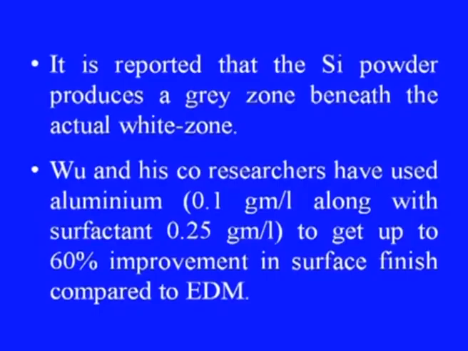It is also reported that the silicon powder produces a gray zone beneath the actual white zone. Wu and his co-researchers have used aluminum suspended at 0.1 gram per liter along with the surfactant at 0.25 gram per liter to get up to 60% improvement in surface finish compared to normal EDM.